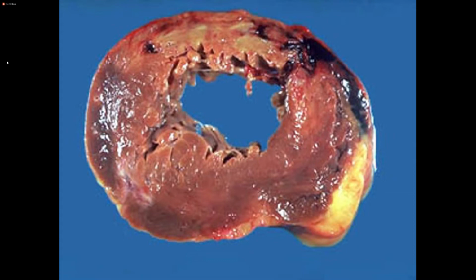So the wall becomes thin, and under the pressure from the repeated contractions of the left ventricle, a rupture may occur. Now, as you understand, rupture in the free wall of the ventricle will result in leaking of blood that can go into the pericardial sac, causing what we call hemopericardium, and if there is a rupture or leakage from the pericardial sac, it can go also into the pleural space as well.